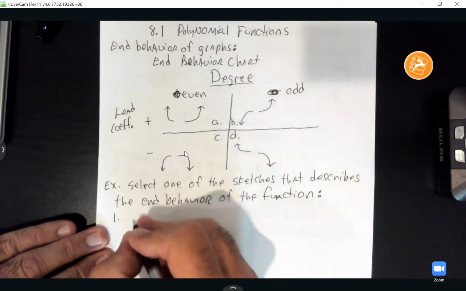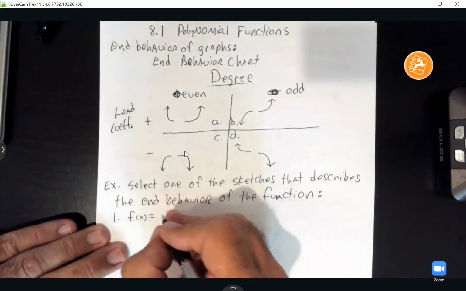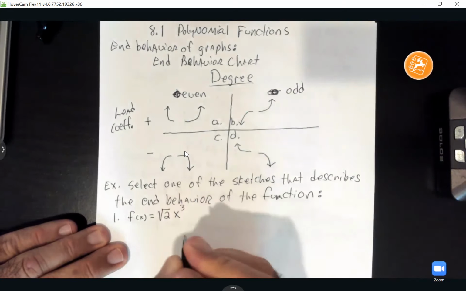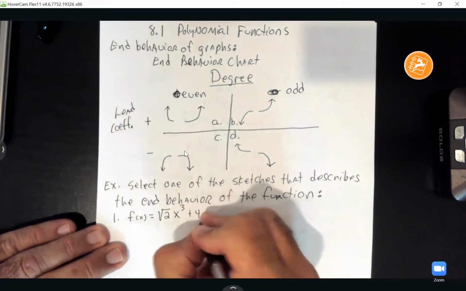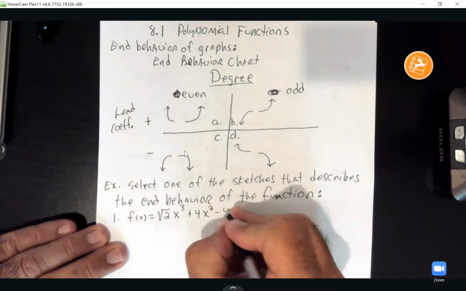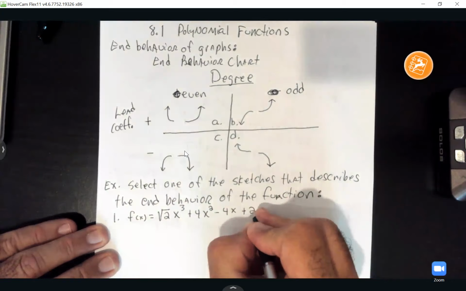So for number 1, they're giving us this. F of x equals square root of 2 x to the third plus 4x squared minus 4x plus 2.